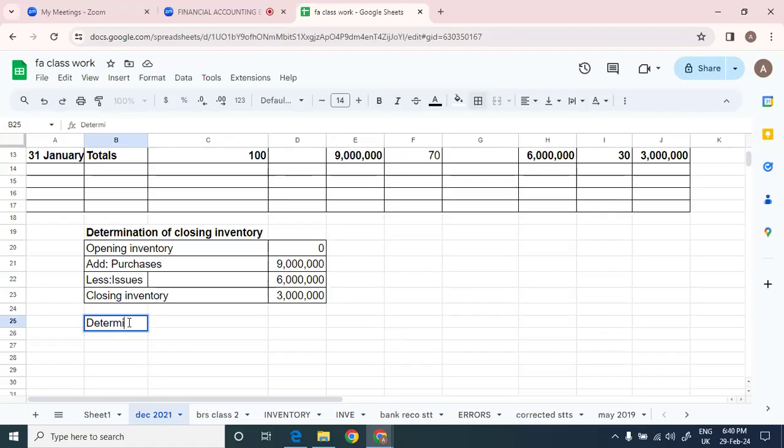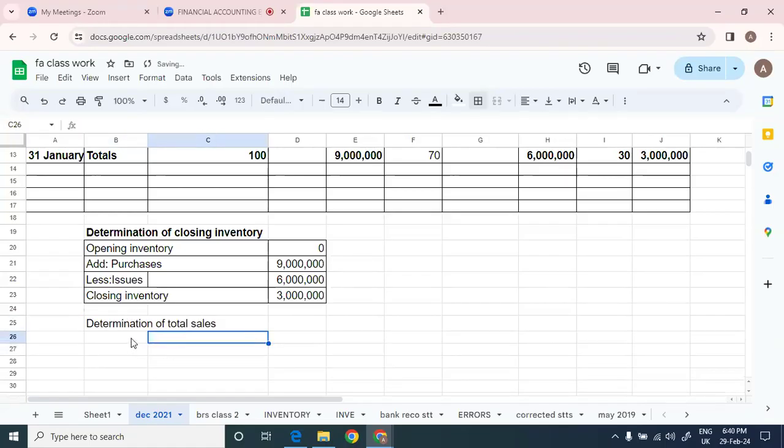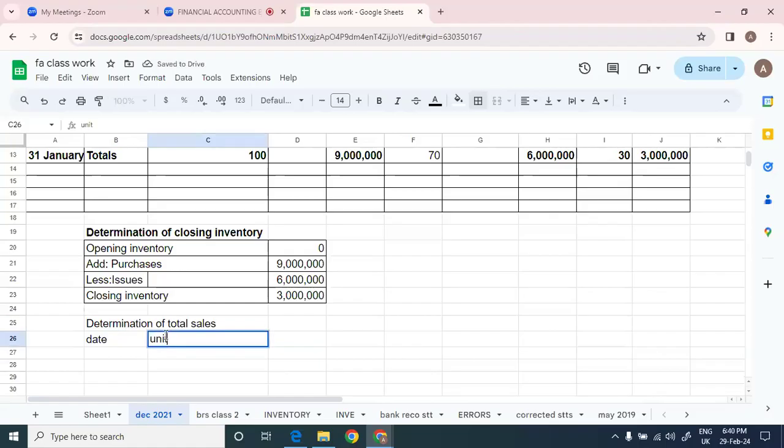I go to determination of total sales. For total sales, I will have here my date. I have my units, what I sold. I have my cost in shillings. I get my amount, how much I realized from my sales.